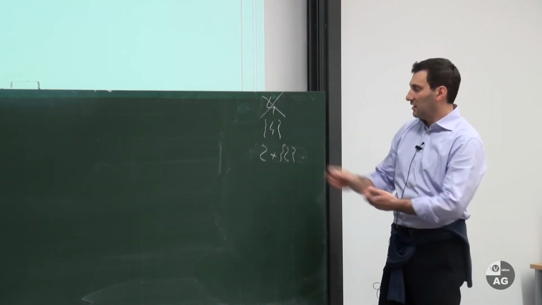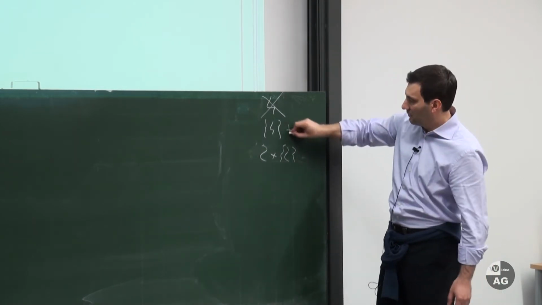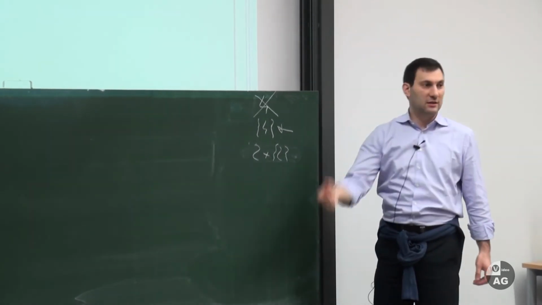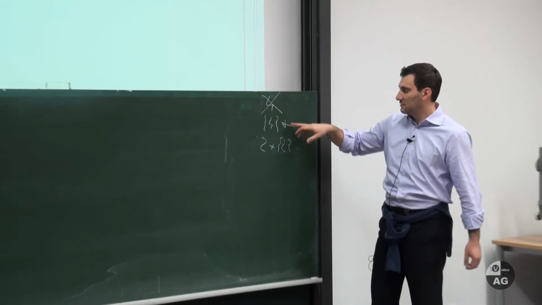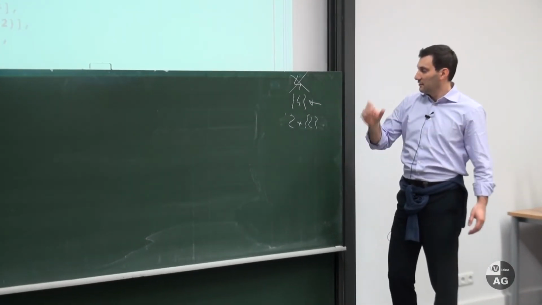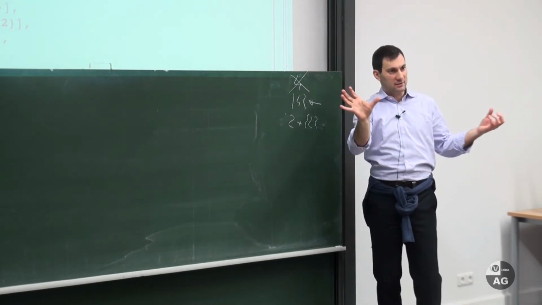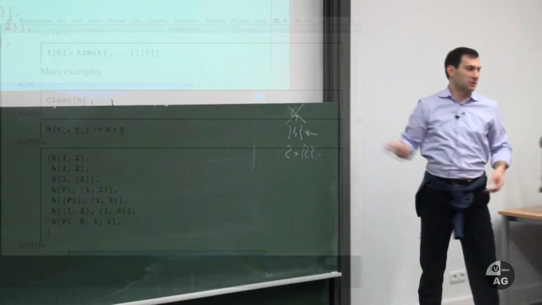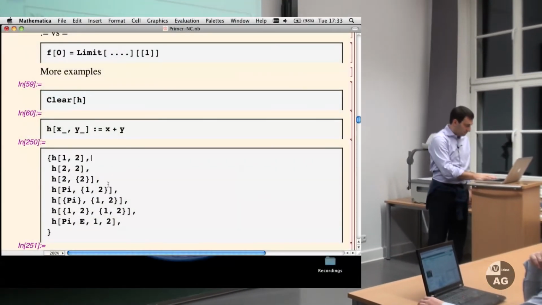But in this particular case, Mathematica will return this because it's a scalar plus a list, and that's a property of the plus. When you have a scalar and a list, it will add the scalar to all the entries of the list. So in this particular case, I will get a 4.